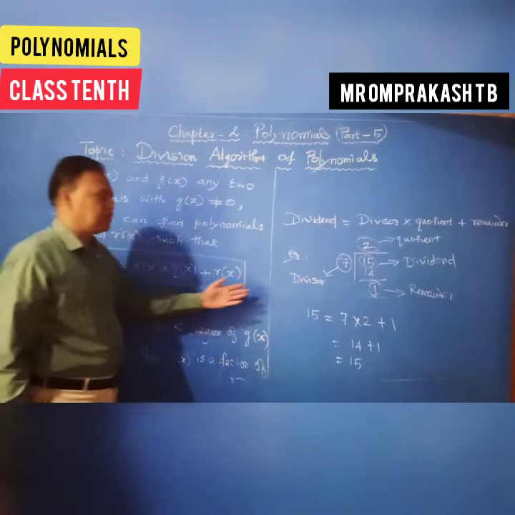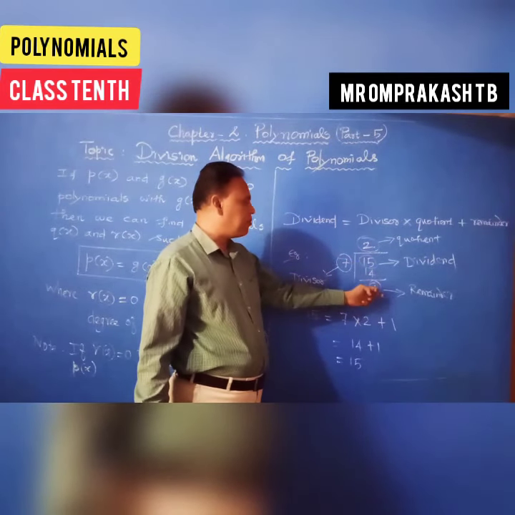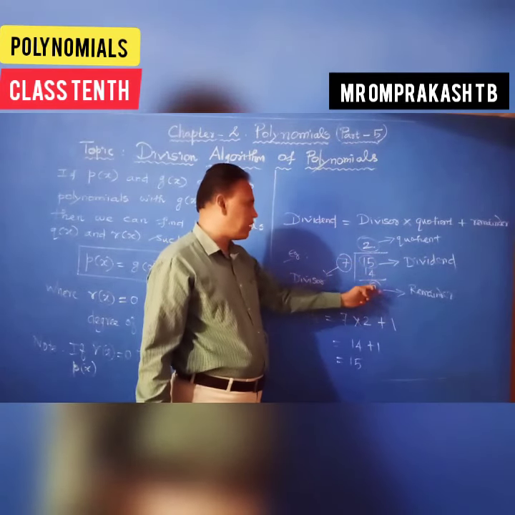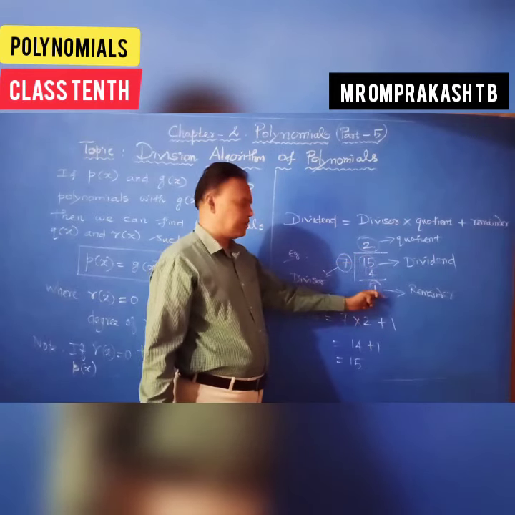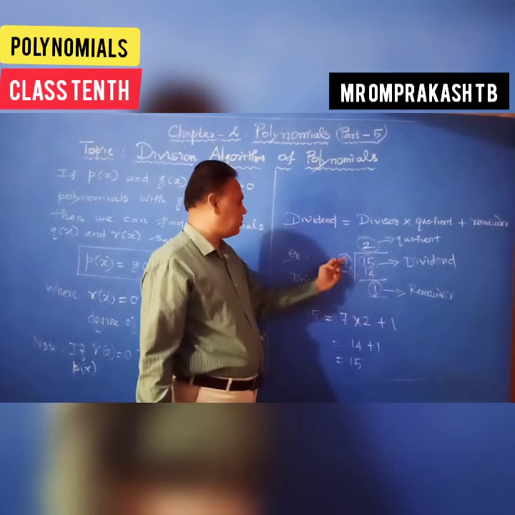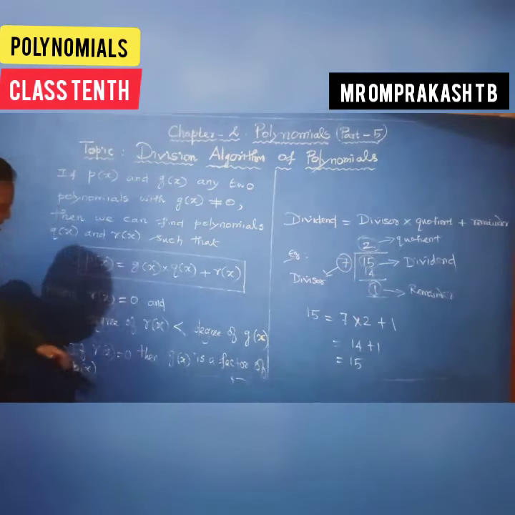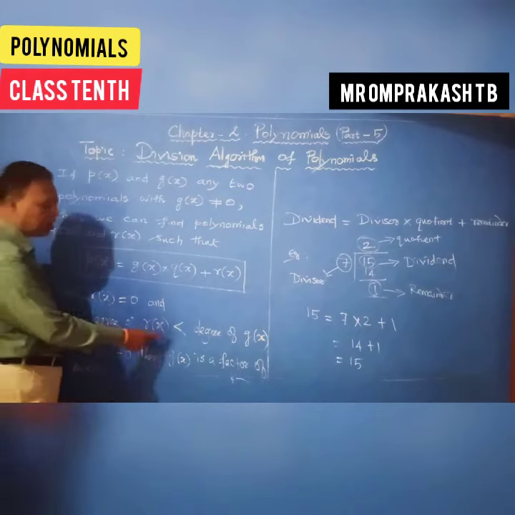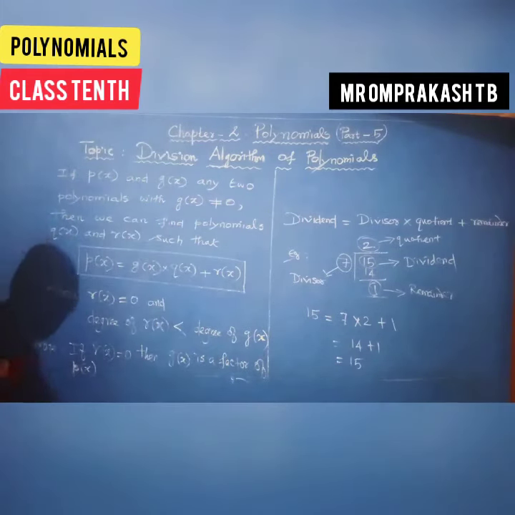Always see, in this example, when you divide, sometimes you will get remainder 0, sometimes the remainder is less than the divisor. Same way here, we are using degree: degree of r of x less than degree of g of x. Clear?